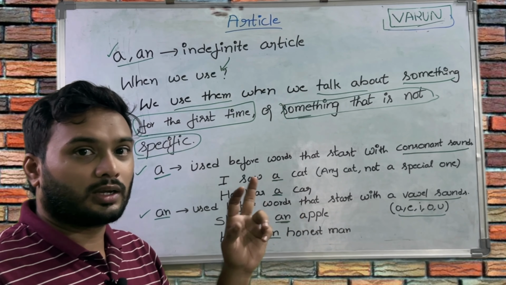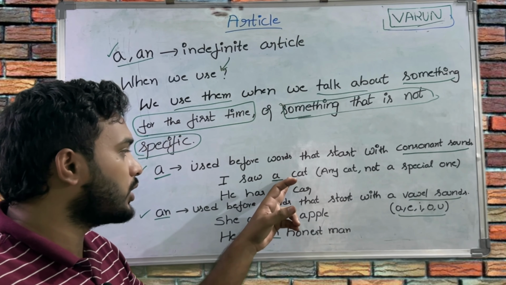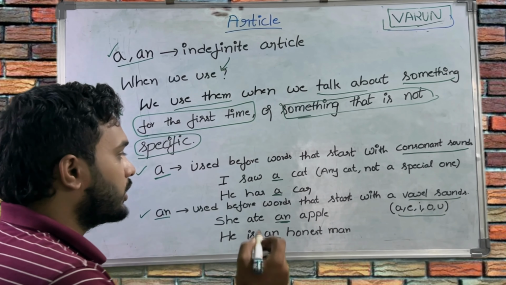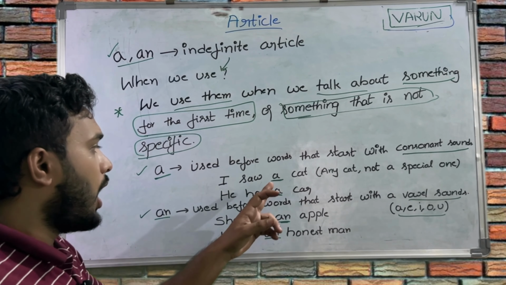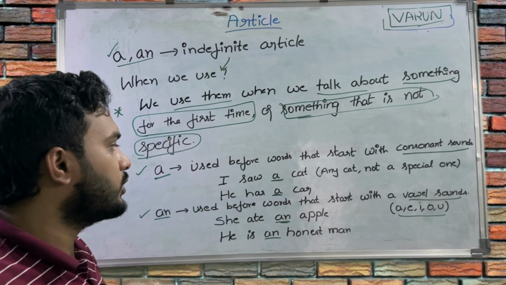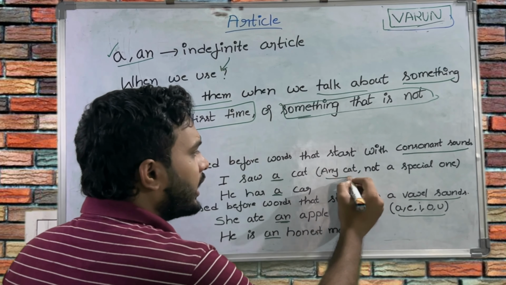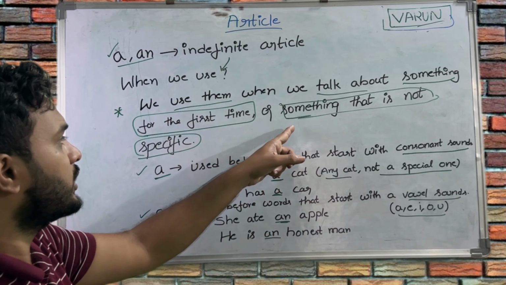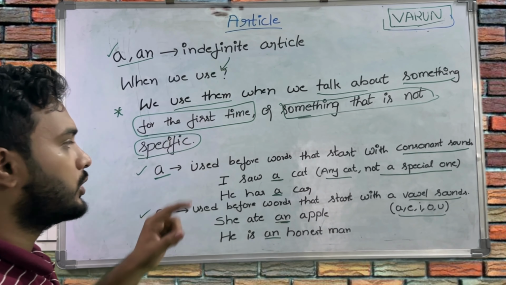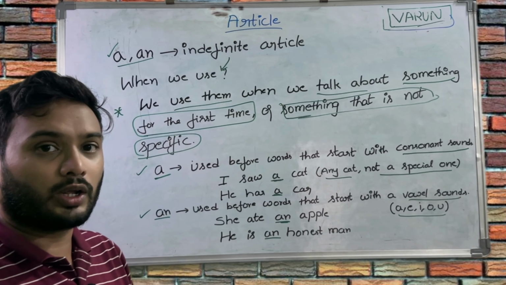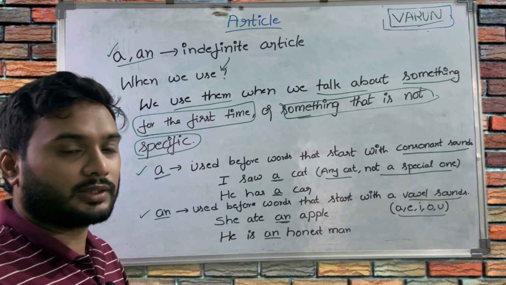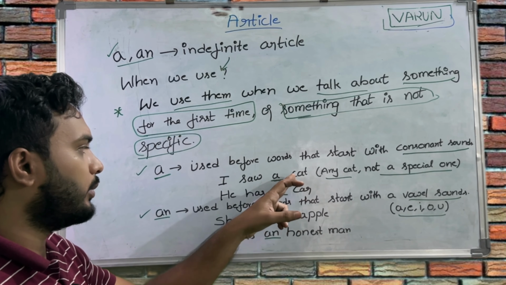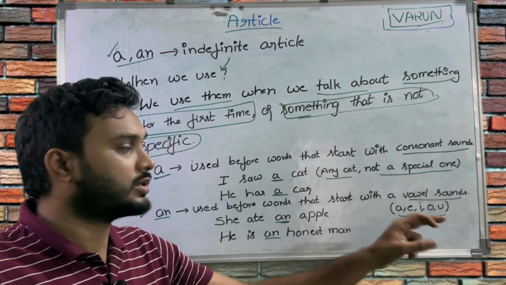Cat has a k sound, not a vowel sound, so we take the article a. Here it is any cat, not a specific one. We are talking about any cat, not a particular cat. Same thing: he has a car. Cat, car, we don't have vowel sounds.